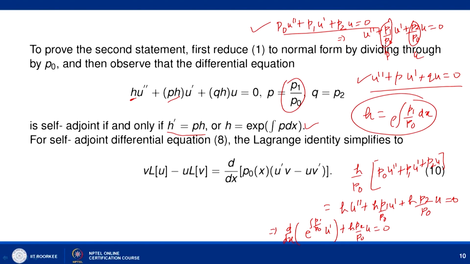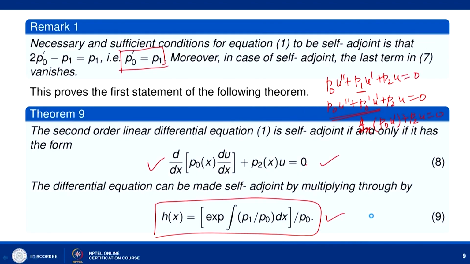So if you look at making this self adjoint, the only rule concerns the coefficient of u dash and the coefficient of u double dash. So we need not worry about the coefficient of u at all. So we say that the self adjoint equation is very common, and it is written in this particular form: d by dx of P naught(x) du by dx plus P2(x) u equal to 0.